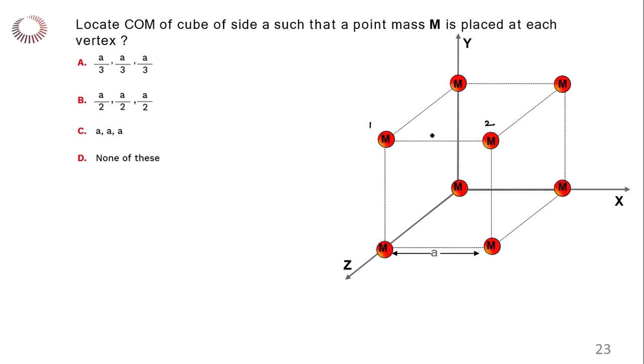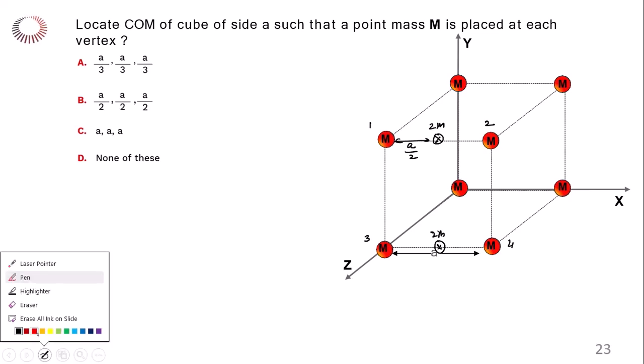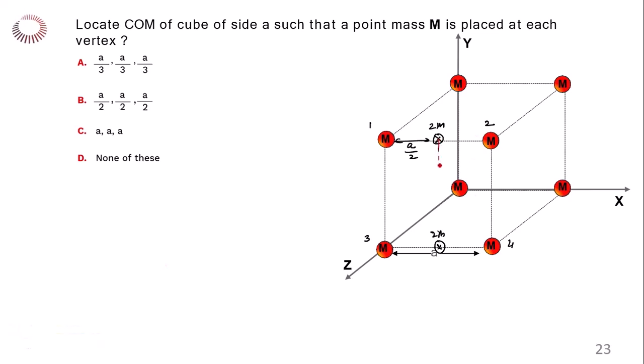If I replace these two particles by one single particle of 2m, it is at a distance of a by 2. Similarly, if I go for the 3rd and 4th particles, again they are replaced by another 2m particle. Now these two 2m are replaced by another 4m particle, at a distance of a by 2, because it is a symmetrical system.